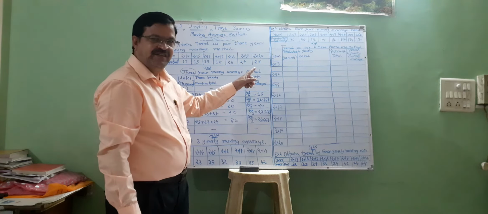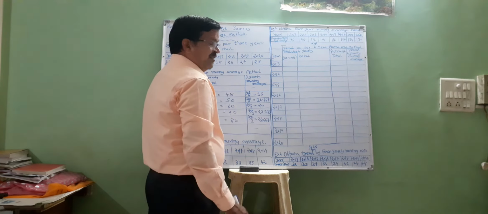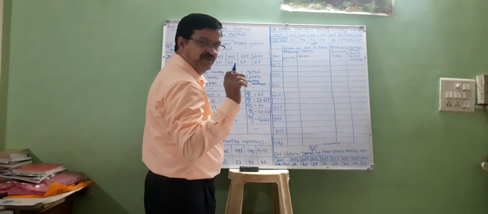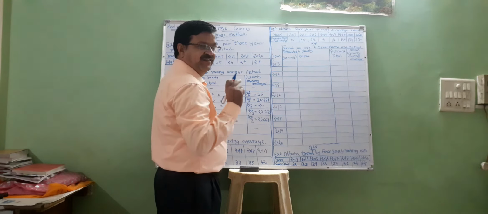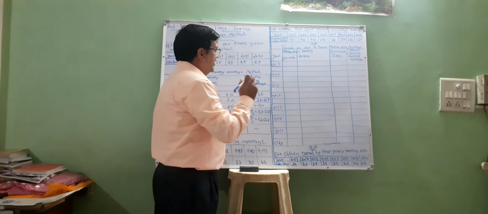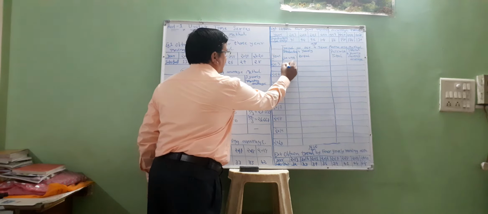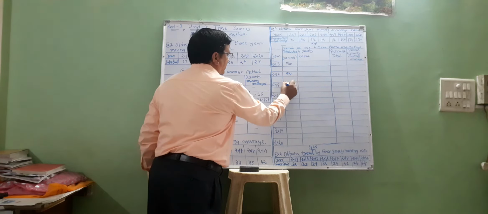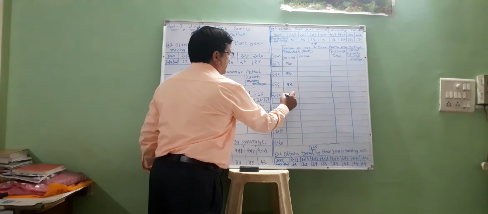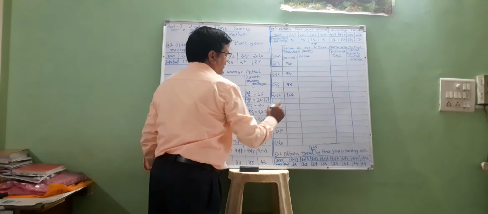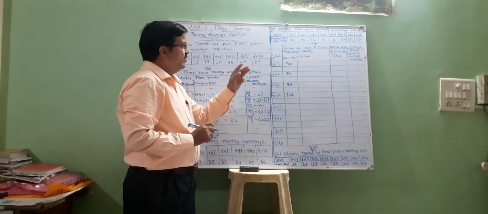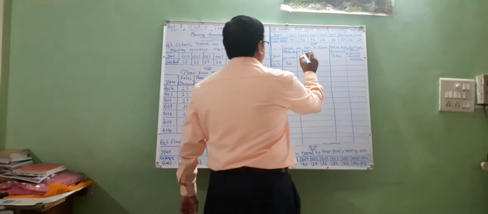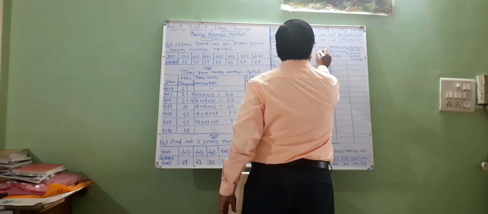When we calculate, it will become clear why we have to take gap between 2 years. So take 4 years: 90, 94, 92 and 104. Now we have to find a 4-yearly moving total.